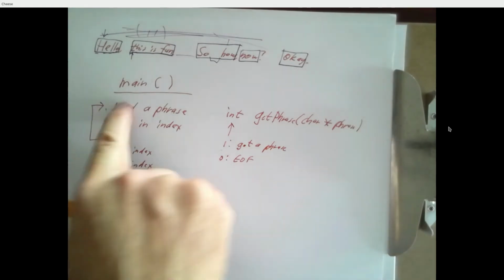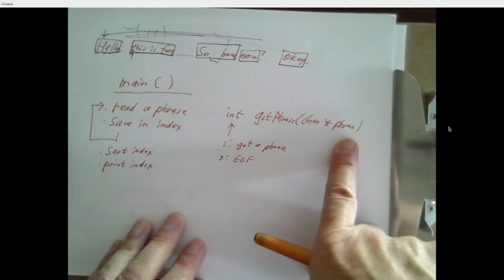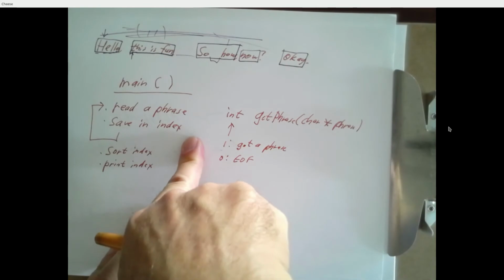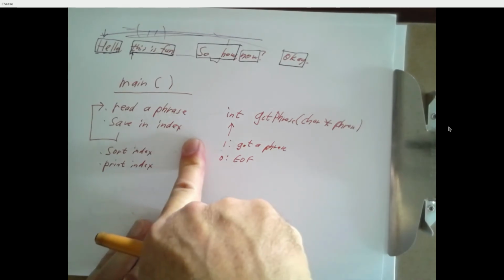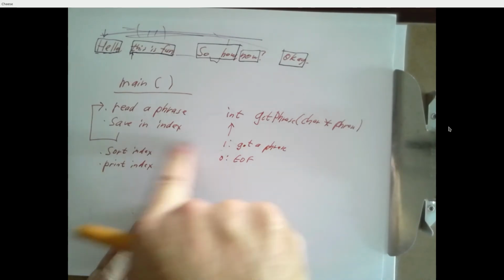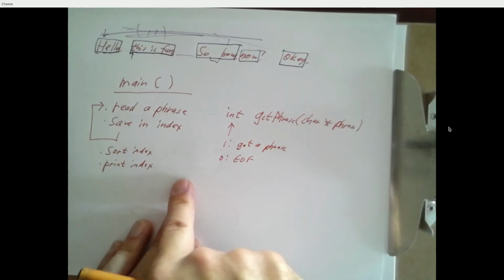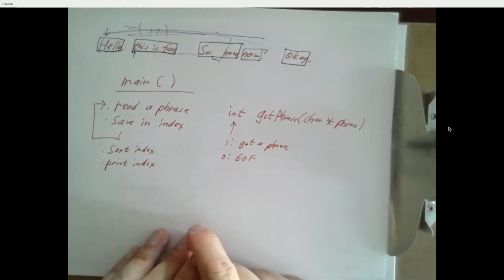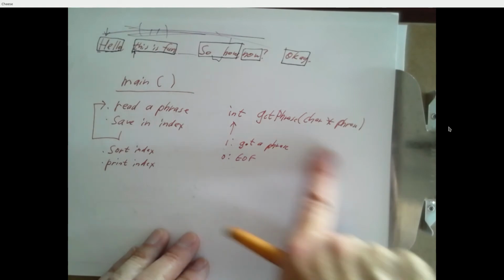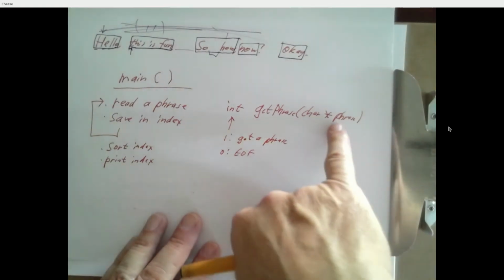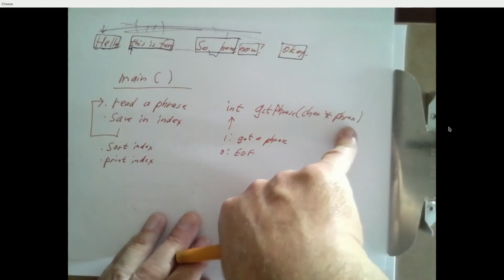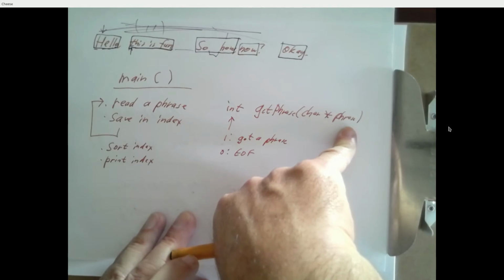So now I could say, while getPhrase phrase, save an index parentheses phrase. It's a 2-line main loop. And then sort parentheses index, print parentheses index. All right, but you can do this however you like. In my main program, phrase only has to be 201 characters, right? Because a phrase is 200 characters plus a null terminator.